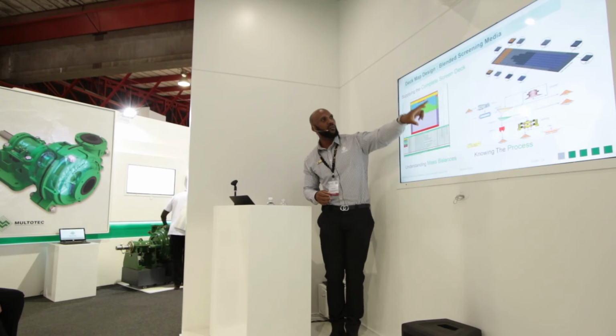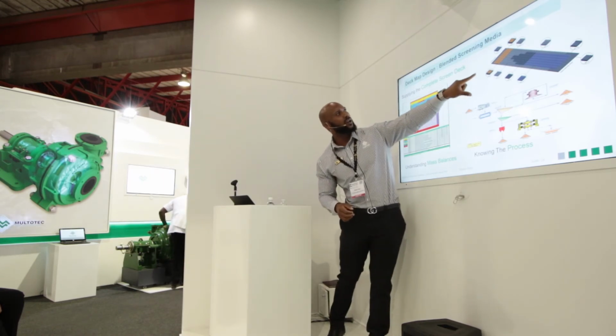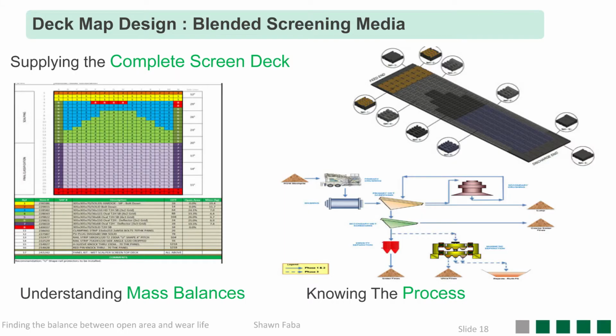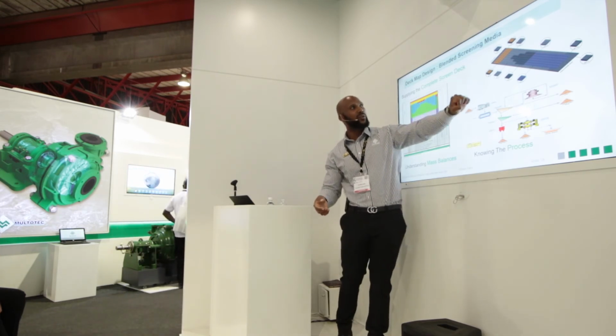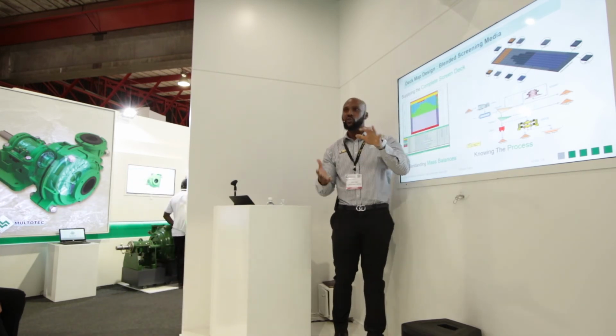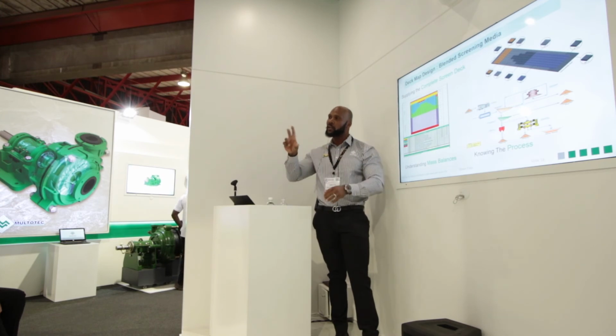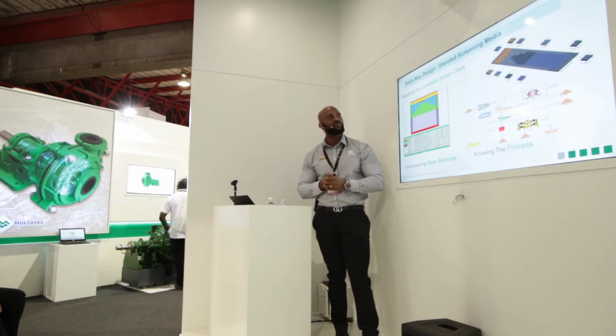As you can see over there, at the feed end, because of the nature of this particular application, where they were throwing 600 millimeter boulders, it goes without saying that at this area you would go with what we call the hard stick, 100 thick screening media.